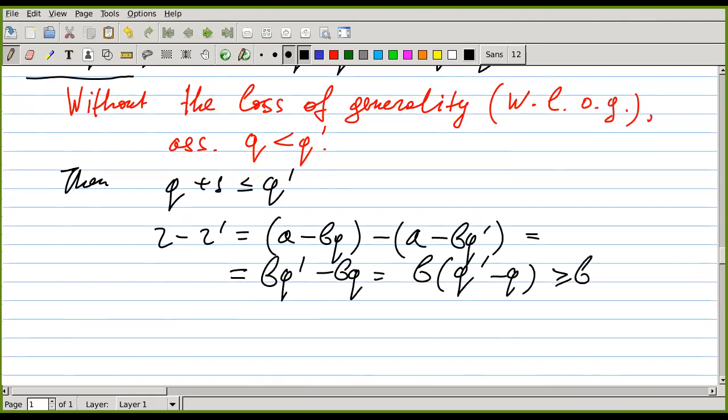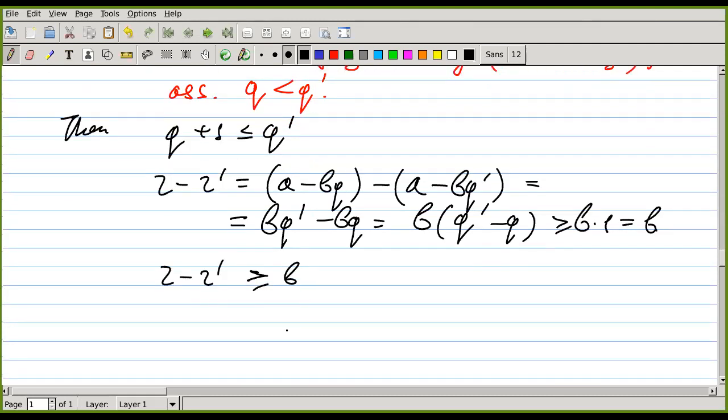So we have here at least B. R minus R prime is at least B. But if it is so, then R is at least B plus R prime. R prime is non-negative, so this is at least B. But we know that R is less than B. Here we have got a contradiction. Is it clear?